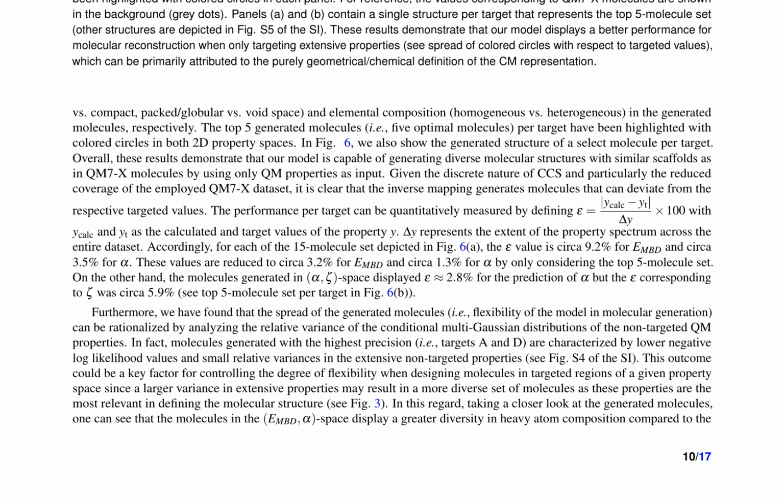Molecules generated with the highest precision have lower negative log likelihood values and small relative variances in extensive non-targeted properties, suggesting that controlling the degree of flexibility when designing molecules in targeted regions of a given property space may be achieved by adjusting the variance in extensive properties. This is evident in the generated molecules, where those in the EMBD-α space display a greater diversity in heavy atom composition compared to those in the α-ζ space.